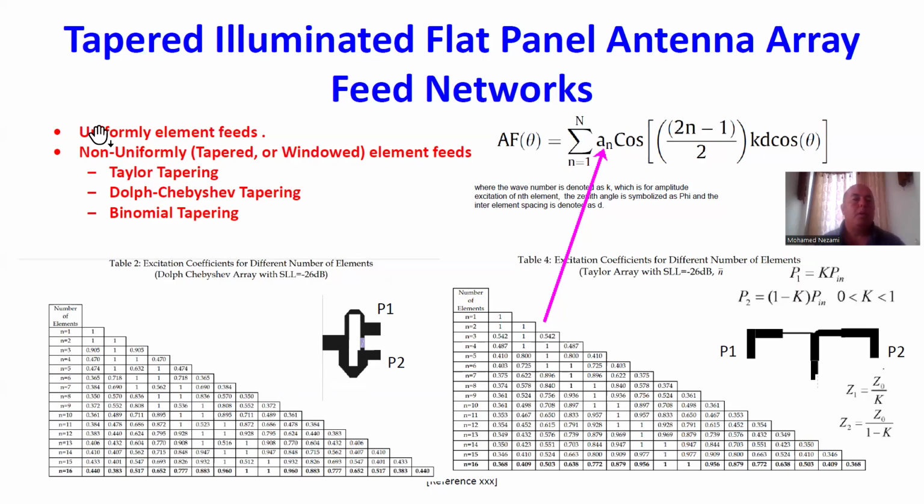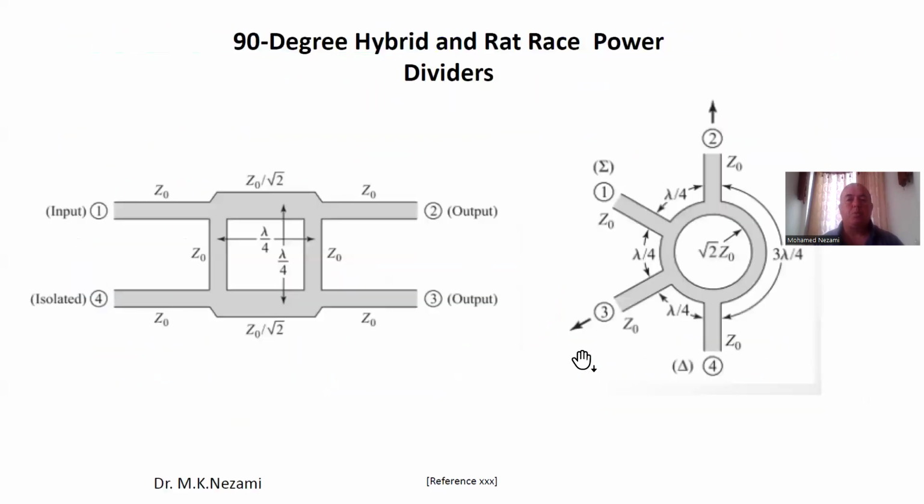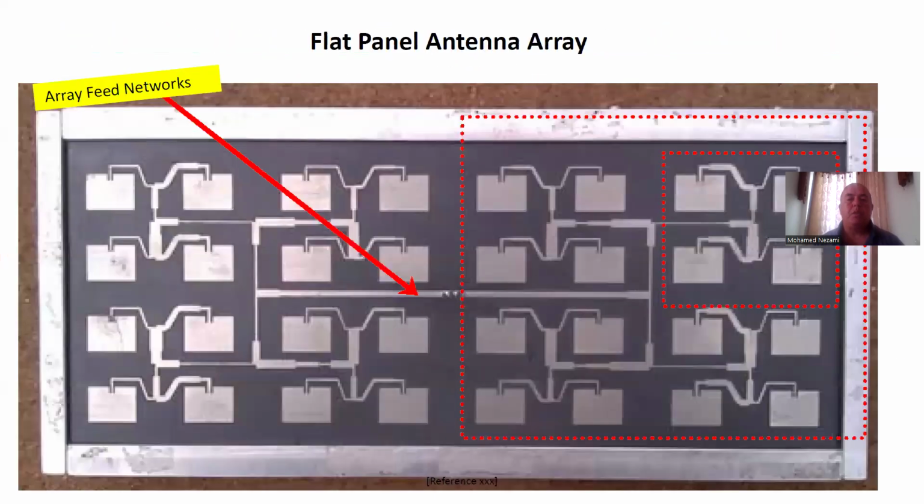Okay, so for the tapered illumination for antennas, basically we can go uniform element feed, which means we don't do any reduction. The A_n are all ones, so every antenna has the same amplitude, and that's what you have, for instance, with these patches here.